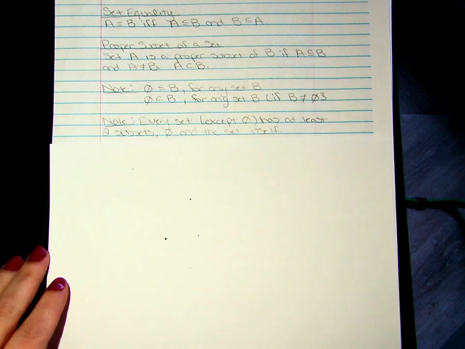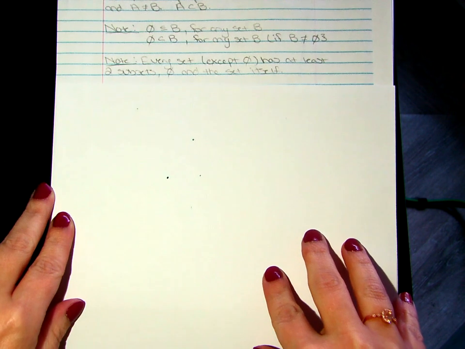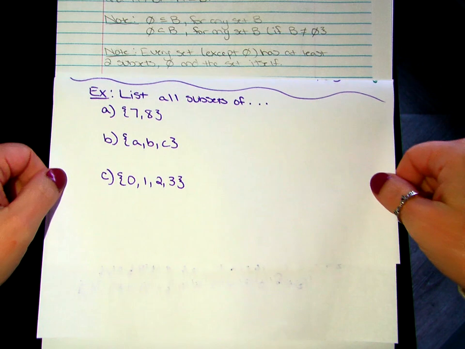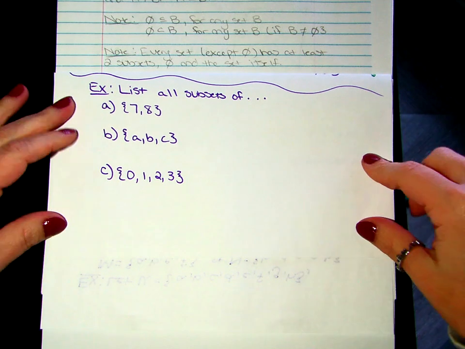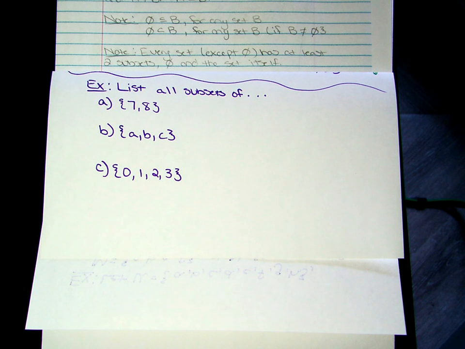Okay, I'm going to scroll up. So we can list all of the subsets. We'll do the first two, and then I'll scroll up more. The first one is just a set of 7 and 8.